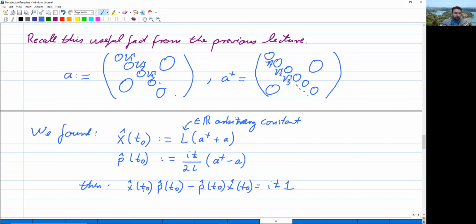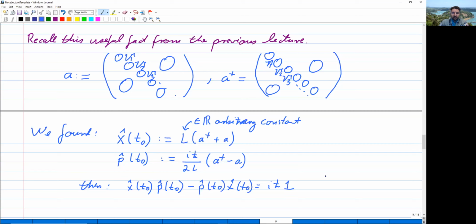And then you multiply them, which is a little bit tedious, admittedly, but once in one's life as a physicist, you have to do this. So you multiply these two guys and then multiply them the other way around, take the difference between the two and discover that, yes, it's i h bar times the identity matrix.